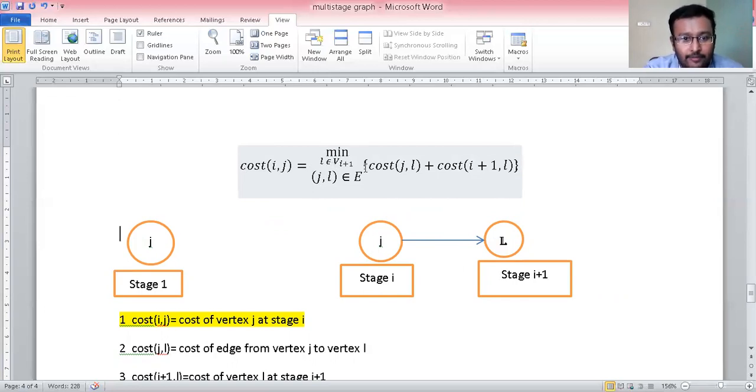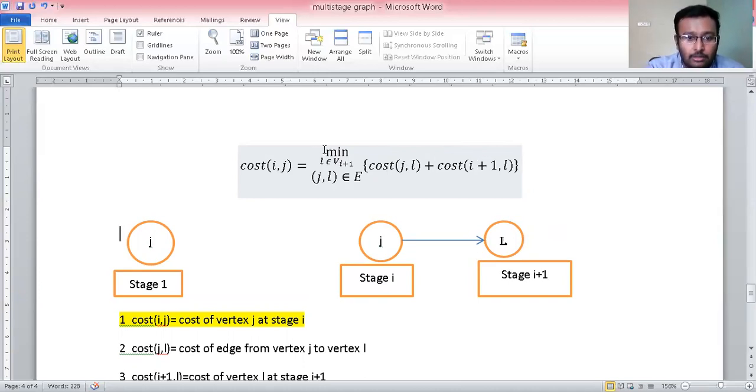If that is the case, calculate the cost of the edge from vertex j to vertex L plus the cost of the vertex L at stage i plus 1.